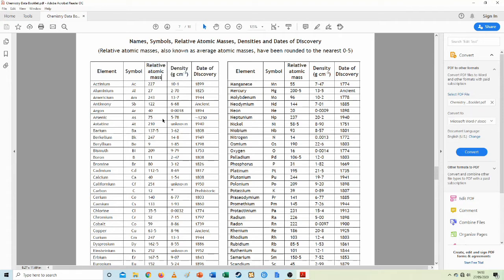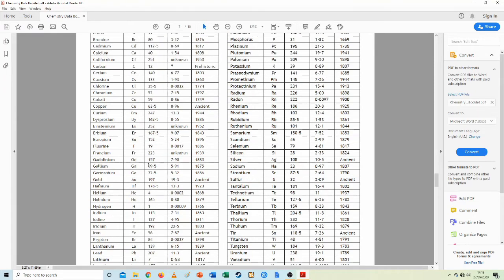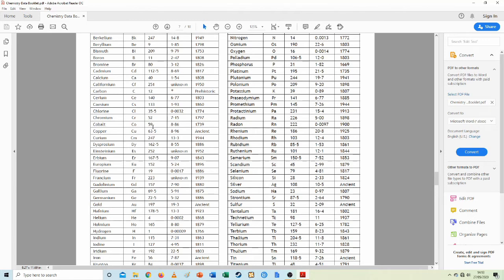This is basically the number of protons and neutrons added together that you're likely to find in the nucleus. Now, if we scroll down to copper, there we go. It has a relative atomic mass of 63.5. Now, this does not mean that there is half a neutron or half a proton in the nucleus.